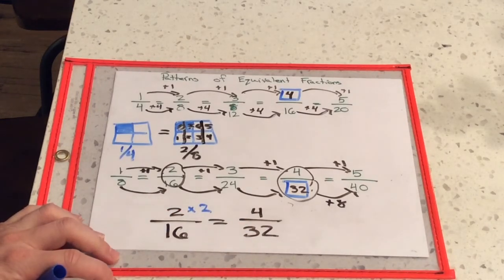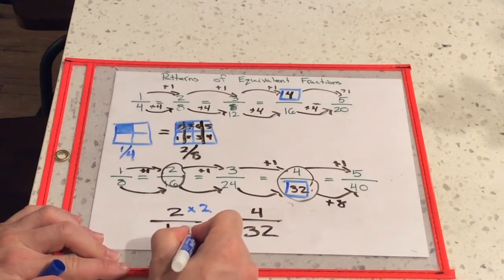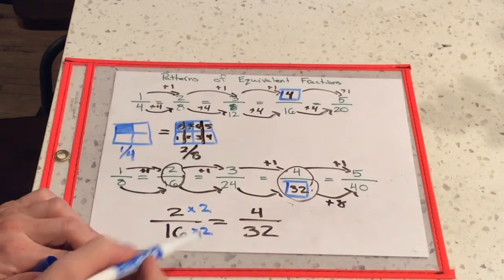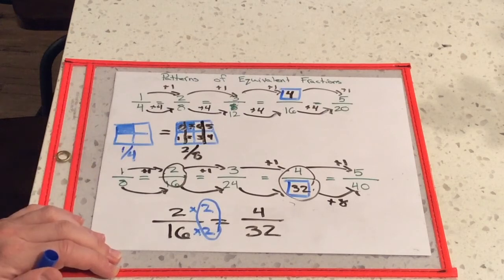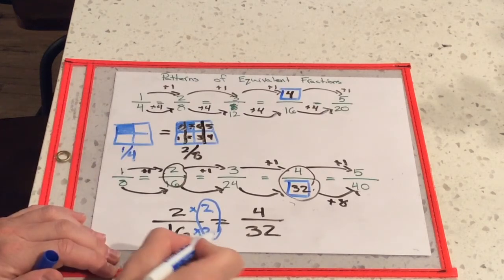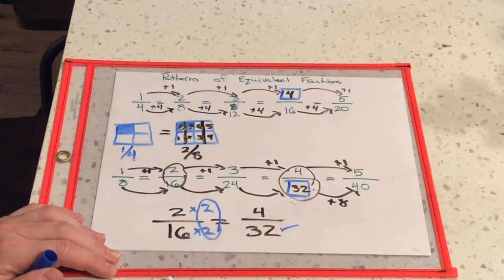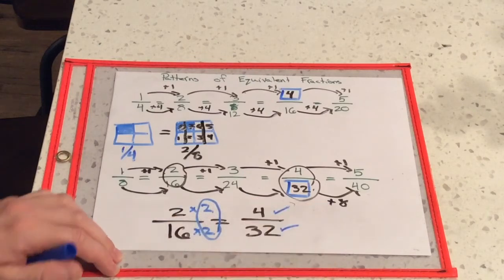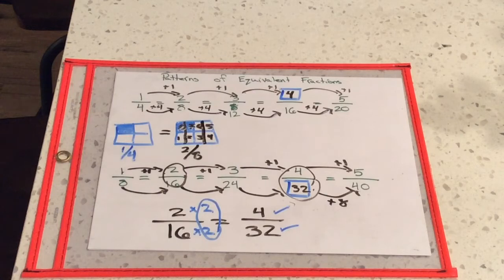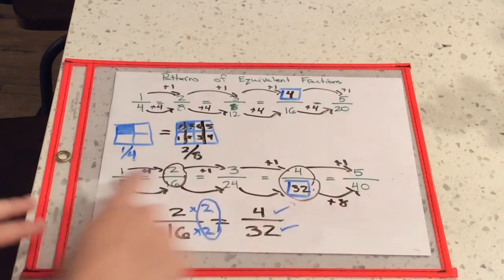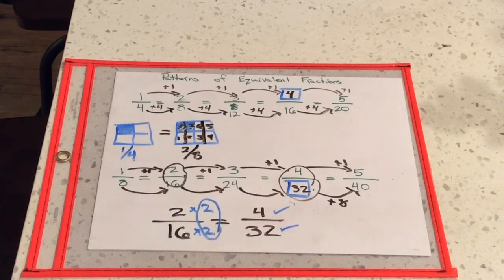I know 2 times 2 is 4. If I multiply by 2 on the numerator, I have to multiply by 2 on the denominator. Same number top and bottom. 16 times 2 is 32, and 2 times 2 is 4. Same number, true statements.